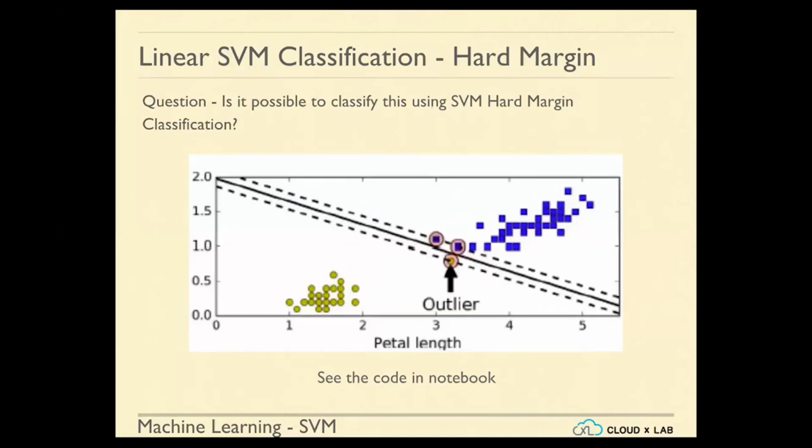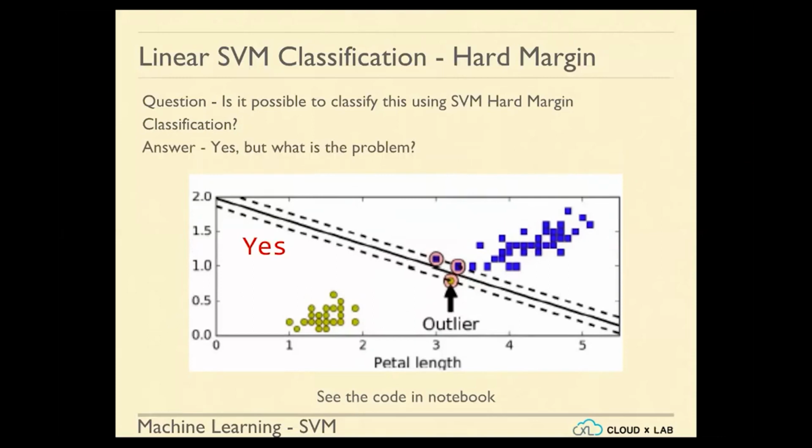All right. Now, is it possible to classify this using SVM hard margin? The answer is yes, but there's a huge problem.